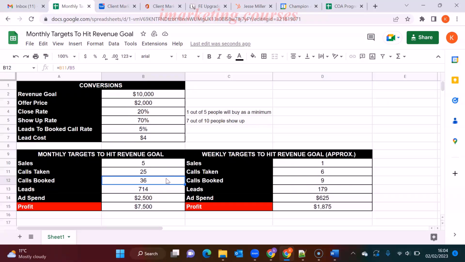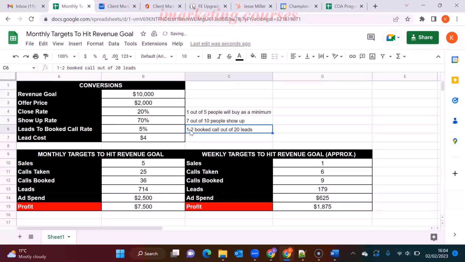Again, as long as you're closing 1 call a day and you're closing 20%, you should be getting to that 10K month. Now, when we look at that, we then have to assess it. Okay, so to get that many book calls in, well, how many leads do we actually have? And this is the reason why we look into leads to book call rate. Because I genuinely say, look, you want 1 to 2 book calls out of 20 leads.